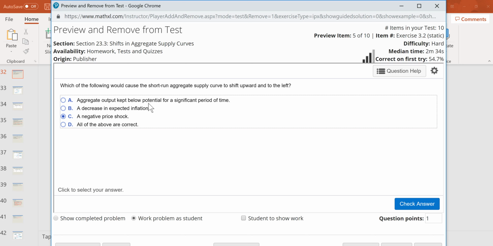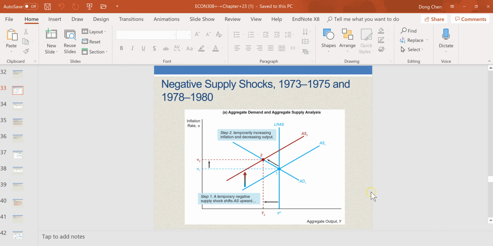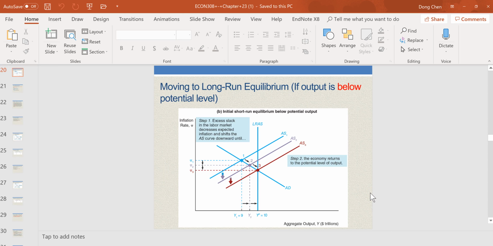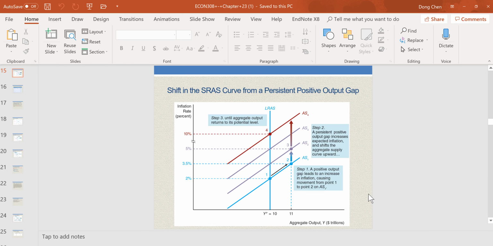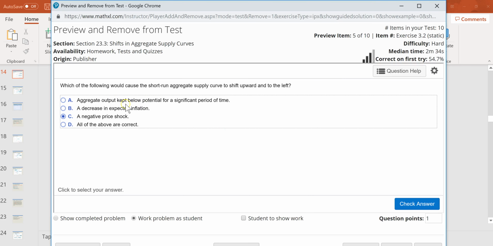So the wage will come down, hence the price will come down, hence it will actually decrease the expected inflation. Hence, the AS curve will shift downward rather than upward. Here we need the AS curve to shift upward, right?